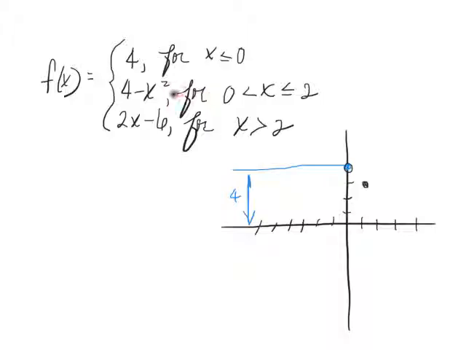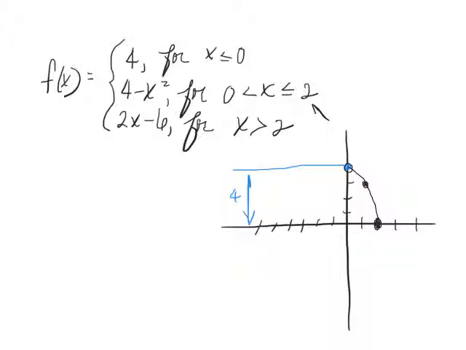So even though this one is an open circle, the closed circle is going to mean it's pretty much closed, because even though this part of the graph doesn't include 0, this part of the graph does include 0. So when I put all the graphs together, I end up with it covering over 0. So that'll come down like that, and since this includes 2, it's a closed circle.